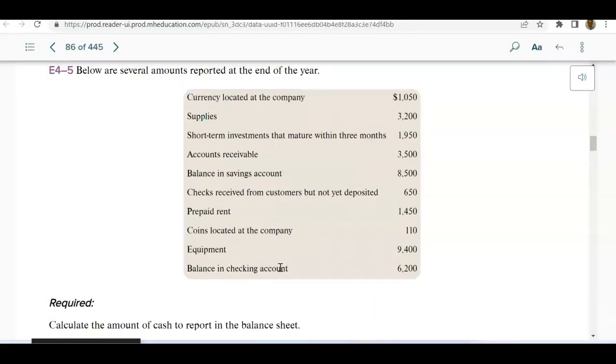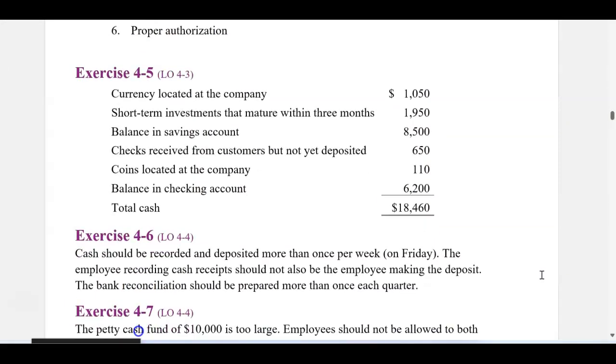So out of all this information, you need to know, when you look at the balance sheet and see it showing cash, what type of cash exactly is in there. So here is the list of data. We have some currency, 1,050.